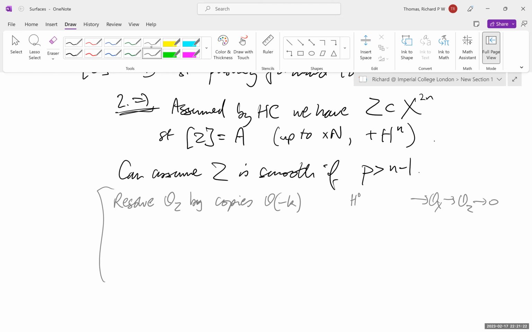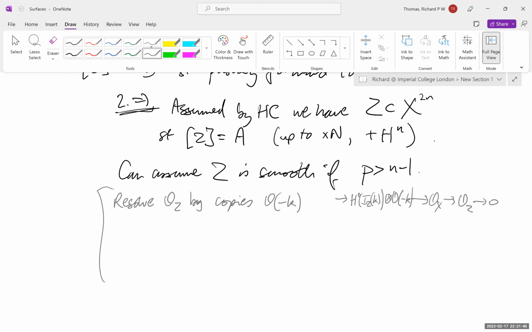I twist it up, I take sections, and then I evaluate those sections. And that map, for k large enough, will map onto the ideal sheaf of Z. And now I do the same. I look at this map, I look at its kernel, I twist it up by some huge k, take sections, and evaluate those sections.